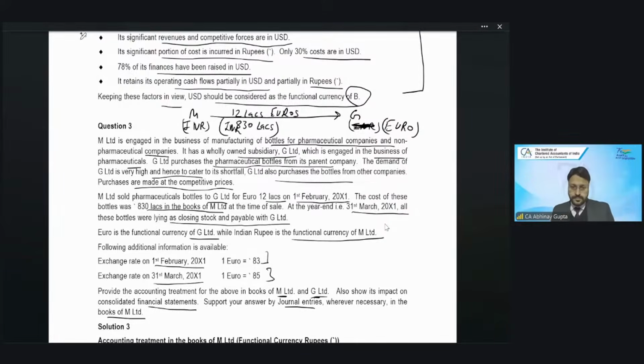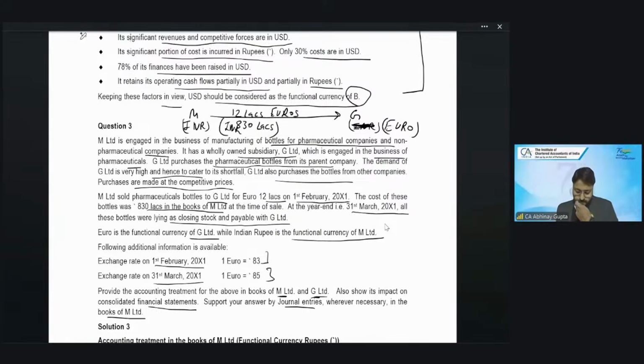Sir, for M Limited, the functional currency is INR. So when we are selling goods to G Limited, the money is not received. So we will debit G Limited account and credit the sales account with 12 lakh euros at 83 on the date of sale.